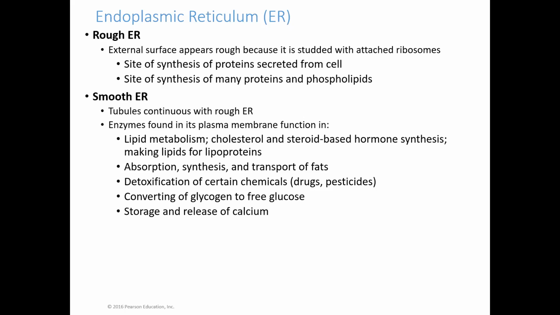The detoxification process is going to try to break down everything it can. A good example of this is processing alcohol, ethanol. Alcohol can be broken down by the liver at a rate of about 1 ounce an hour.